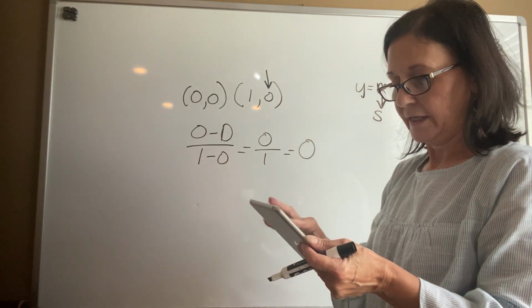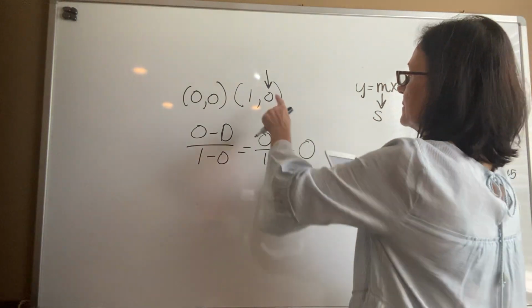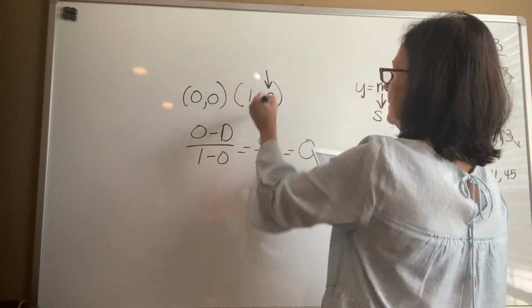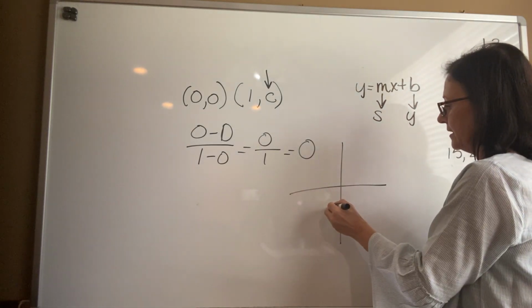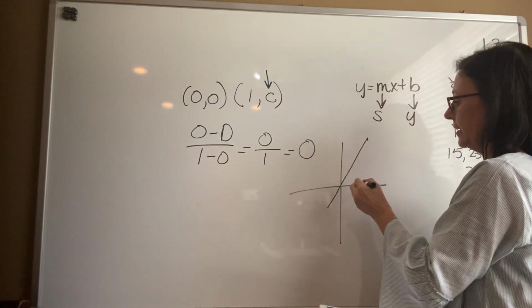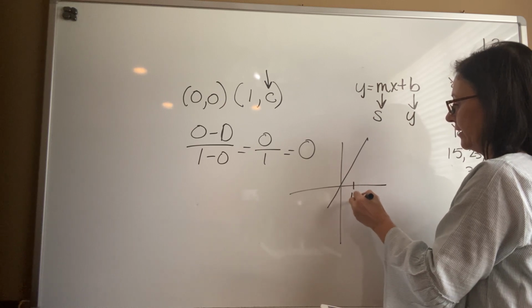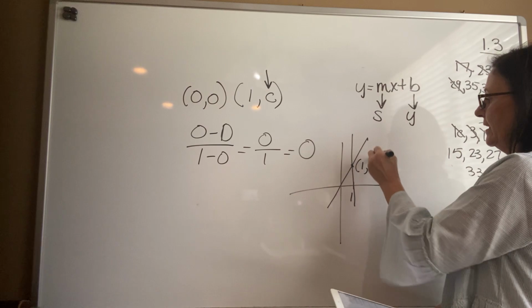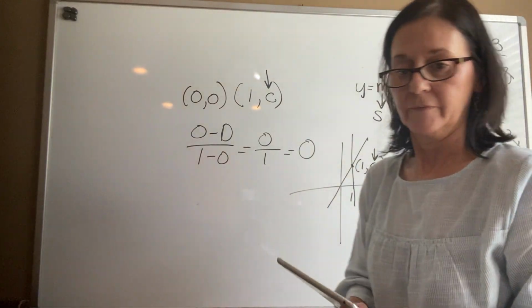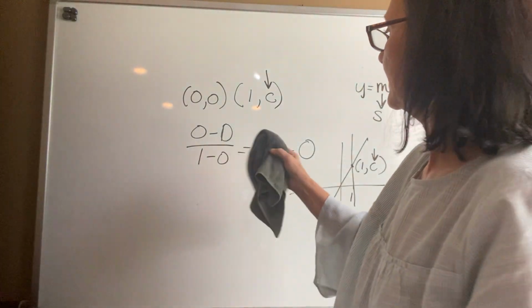Actually, the value is 1 and some c. We know it goes through 1, 0. So we know the line somehow goes this way. We know this is a vertical line. It goes through 1. So we know the x value is 1. The y value is c. That is going to be our slope. All right? So I have to go back.